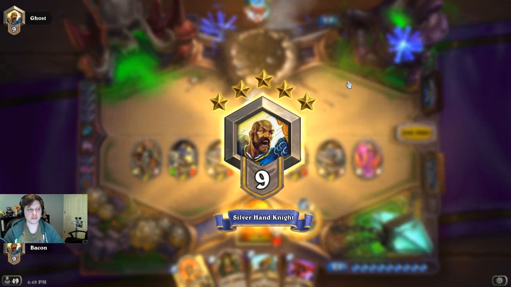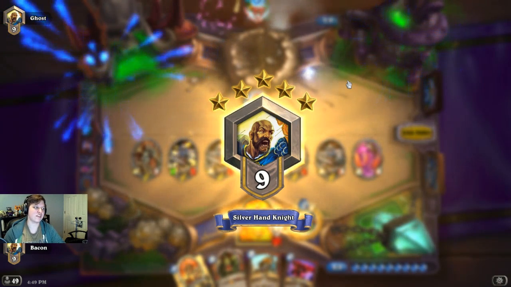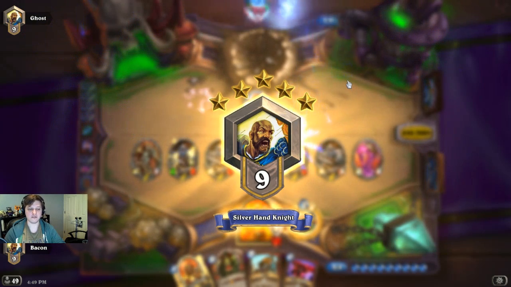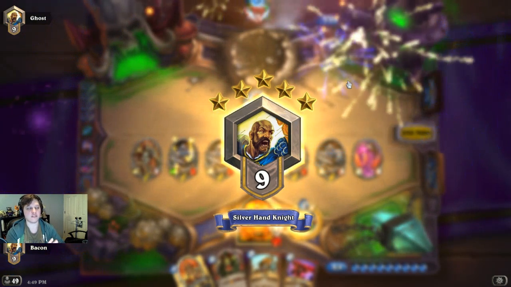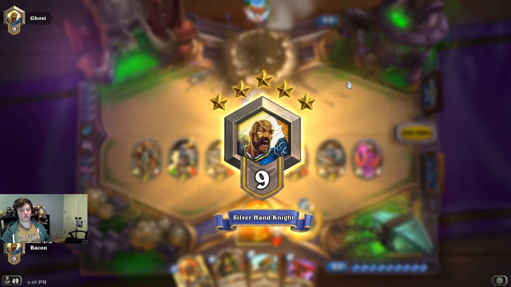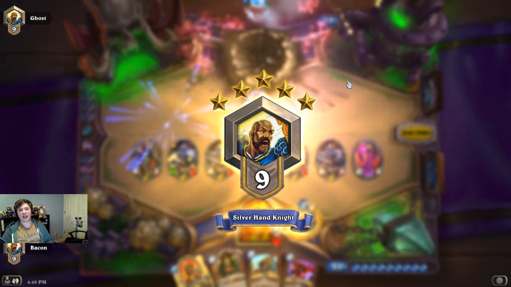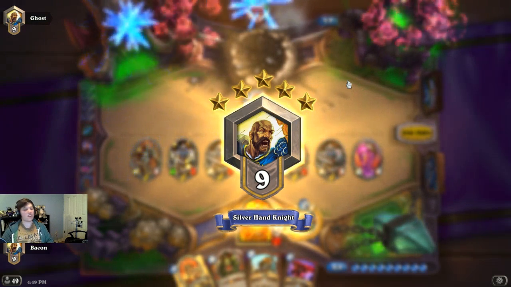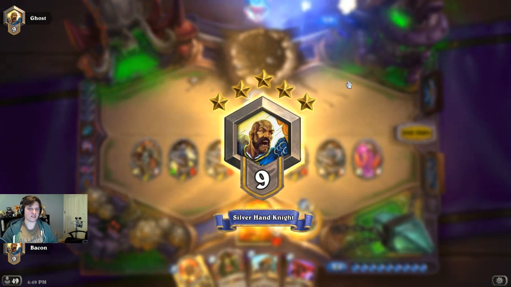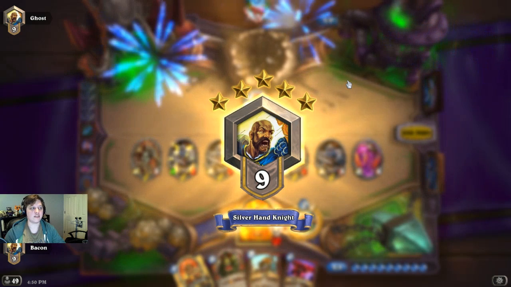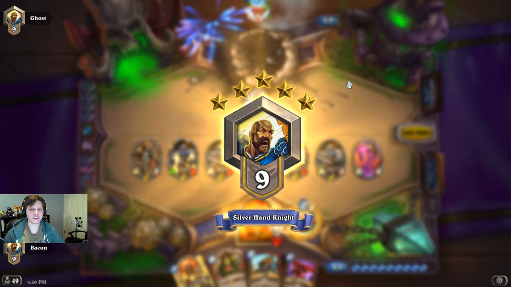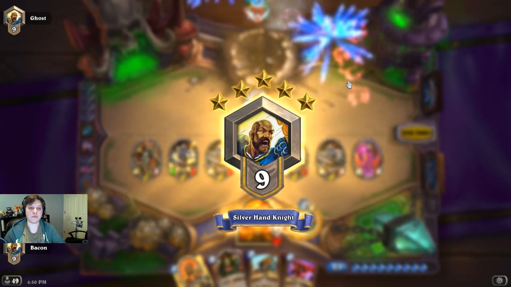So the most important thing you can do to read someone's hand is to ask yourself: are they doing the best play, the strongest play for that turn? Then you can deduce what they have or don't have in their hand. The other thing to note is that to do this correctly, you're going to have to, one, know very well what type of things are going to be in their deck.